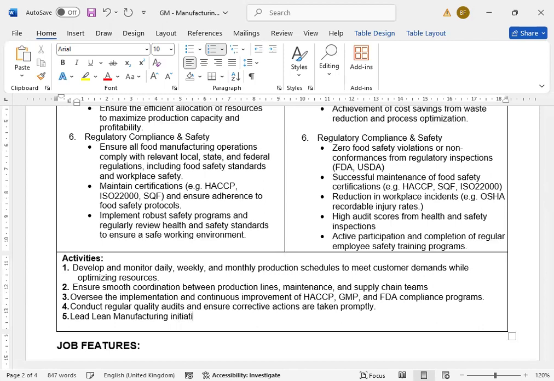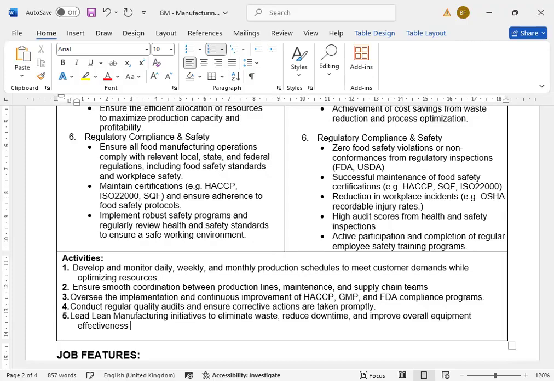Initiatives to eliminate waste, reduce downtime, and improve OEE, overall equipment effectiveness. Okay.